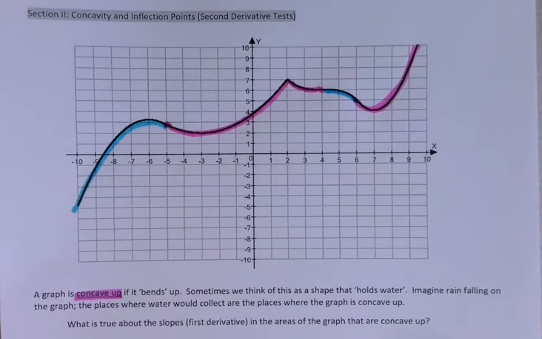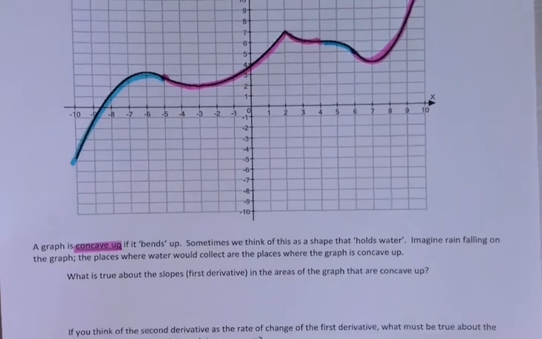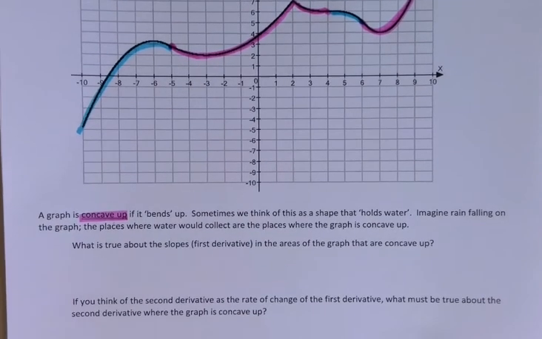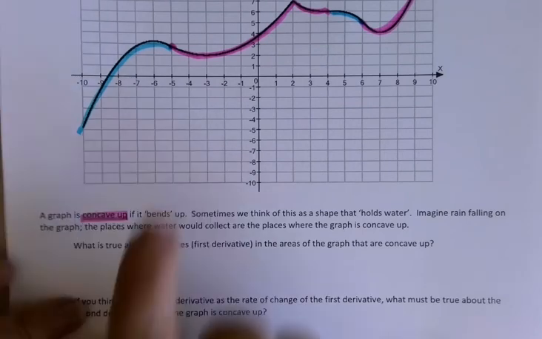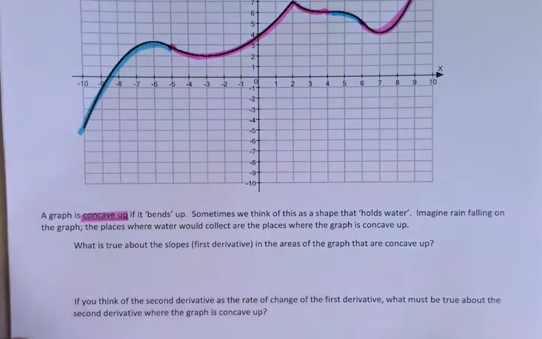All right, well, let's see what the second derivative has to do with those. Let's start by looking at the areas where the graph is concave up. I'm going to look at this little area in here. I'm just going to sketch a few little tangent lines in this area.